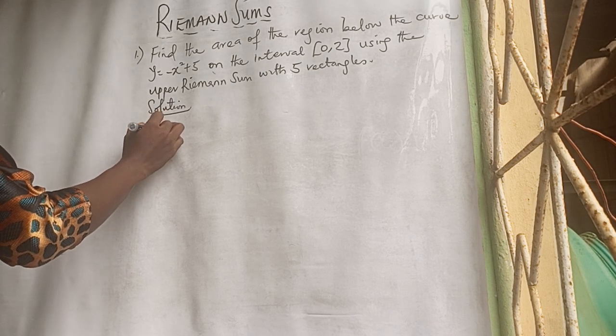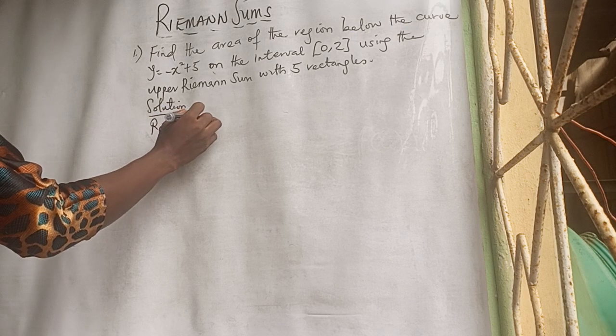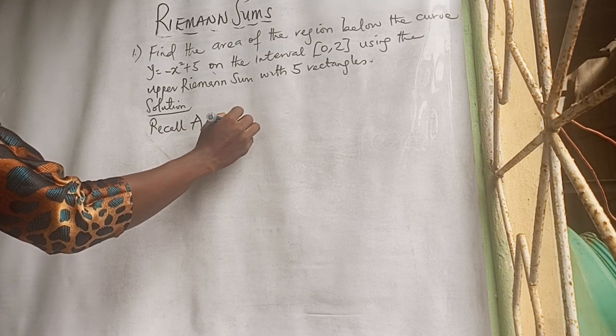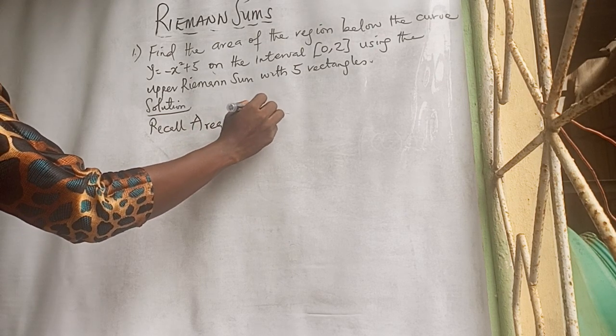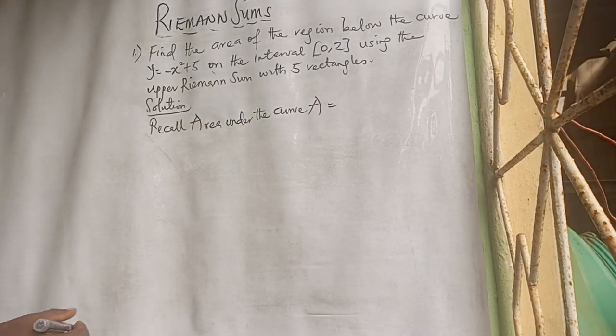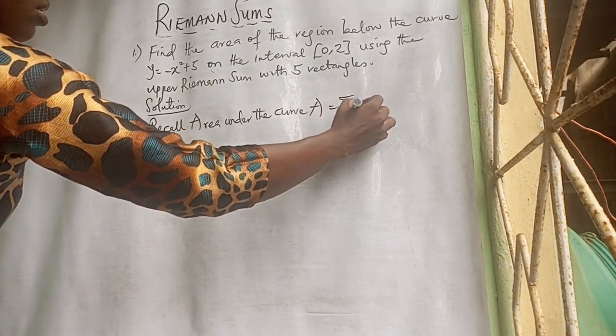Recall that area under the curve A is given as what?